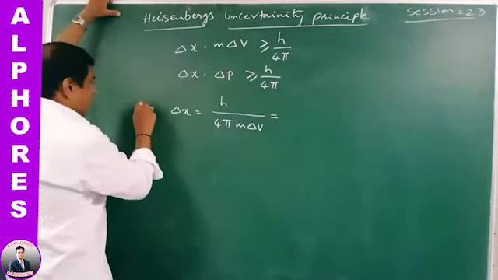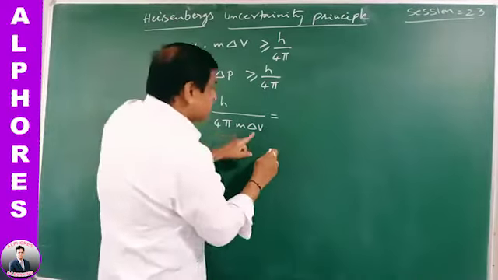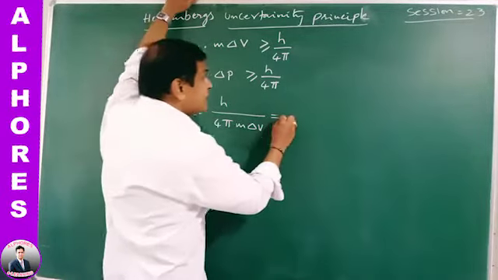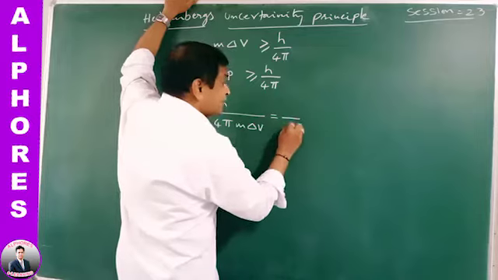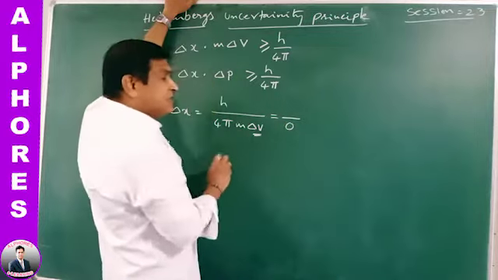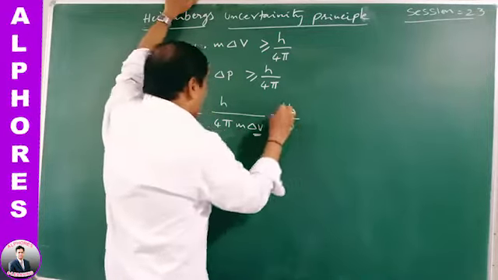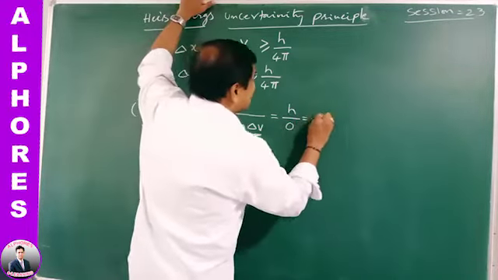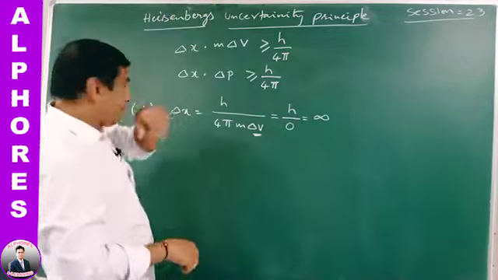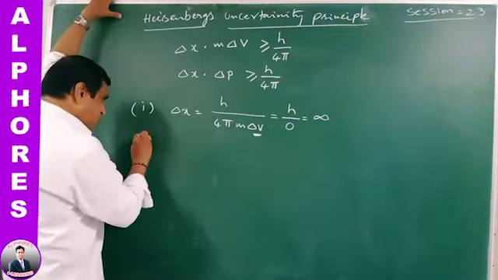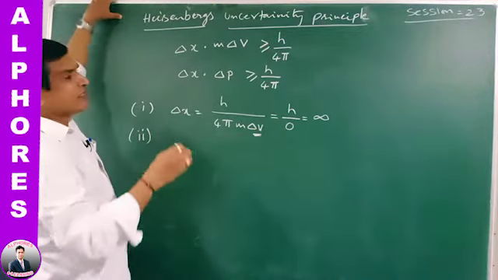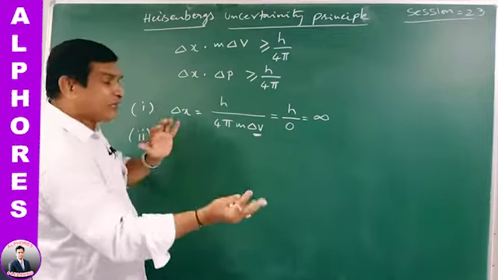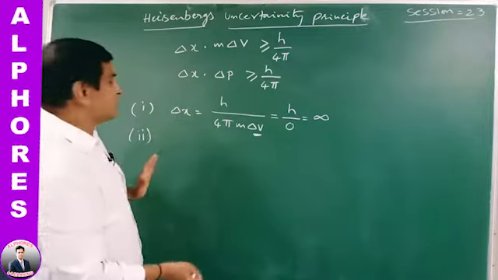If the uncertainty in the velocity is determined to be 0, delta v is 0, then the uncertainty in position becomes undefined. That is one. In the last class we explained that, and just now we are taking it only for the sake of revision of that concept once again.